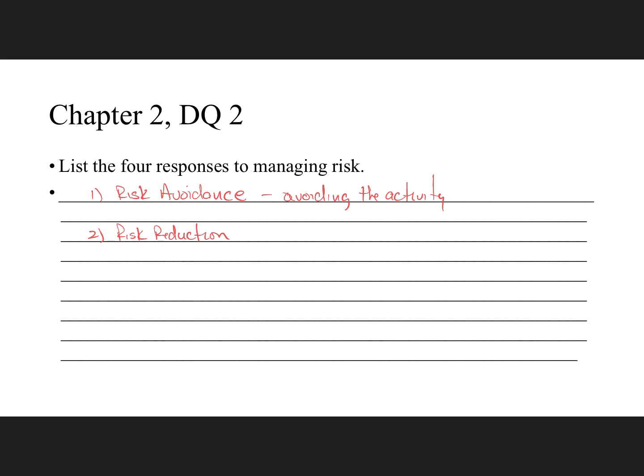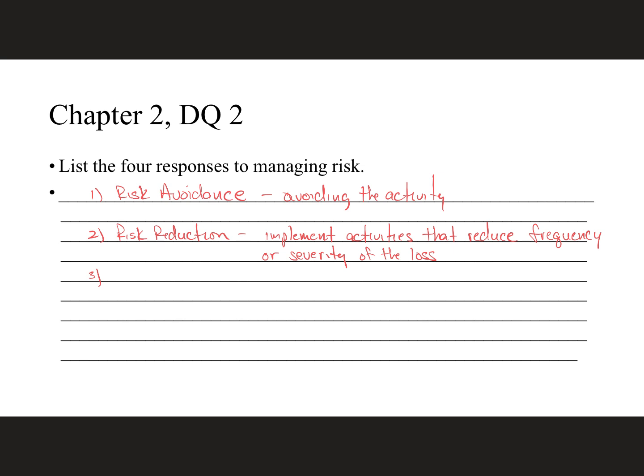And here, this is going to be just implementing activities that reduce the frequency or severity of the loss.